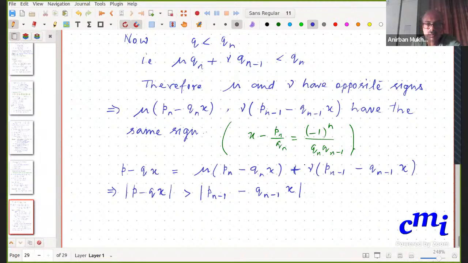As these are integers, so nu and mu are integers, it is greater than both. So it has to be greater than both in absolute value. Yeah, so that proves the point.